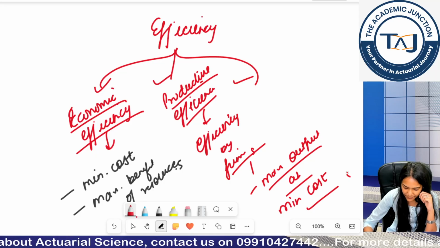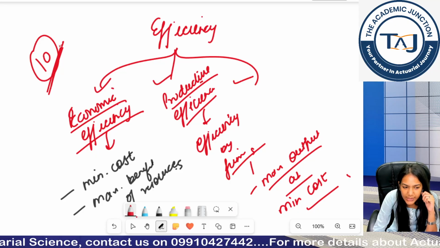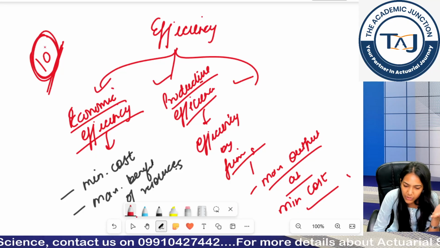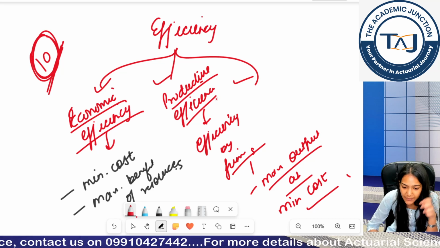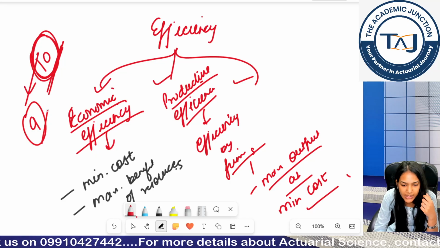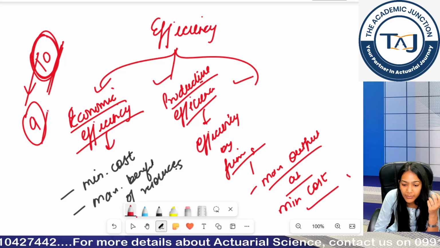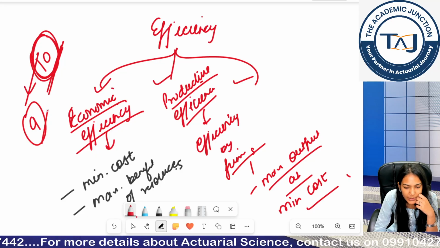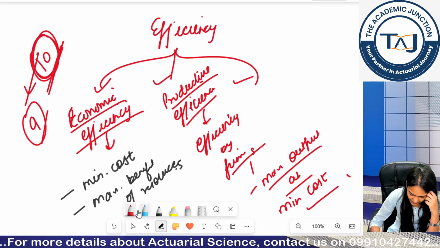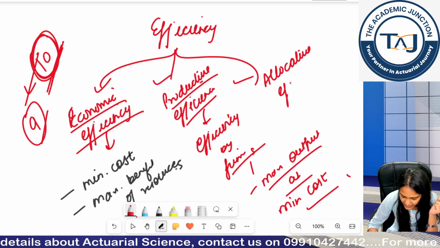Okay. If my resources are for example able to produce 10 units, and I am able to produce 10 units only, then I am reaching my productive efficiency. And if I am producing for example 9 or less units, then I am not achieving productive efficiency, I am inefficient. Clear? Coming to third efficiency, it is basically allocative efficiency.